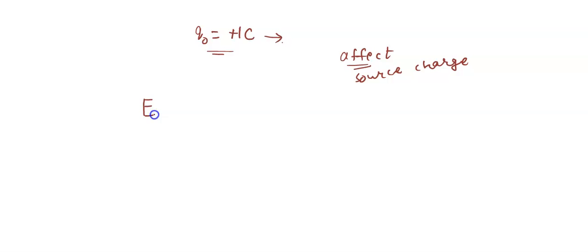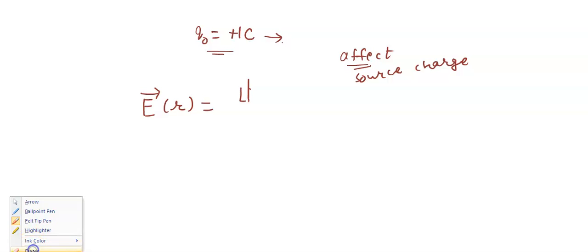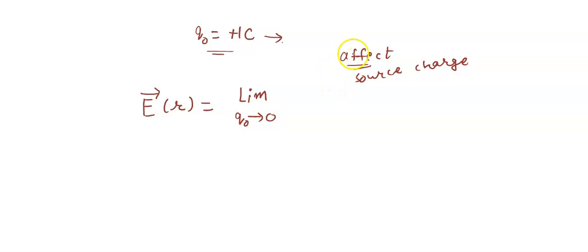According to this, electric field intensity at a point is equal to the limit, as Q naught tends to 0, of F vector R upon Q naught. Here we are using the concept of limit and neighborhood which we used earlier in differentiation.